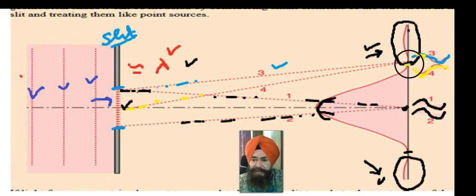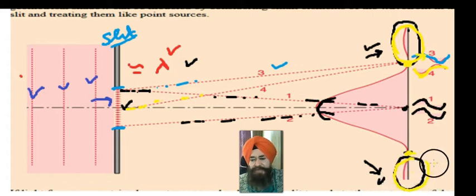Cancelling each other means it becomes minima. So this is minima, this is minima. This is called first secondary maxima. This is again first secondary maxima. This is primary maxima. So primary maxima, secondary maxima, secondary maxima. So this is the diffraction.